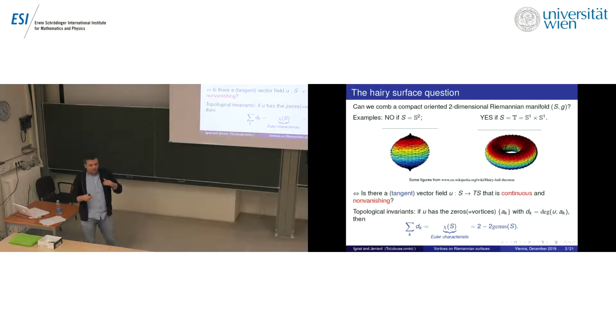If you consider the projection of this map onto the tangent bundle, the same question is equivalent to finding vector fields that are continuous and non-vanishing. When you project this vector, for example, you get 0. So these two problems are equivalent.